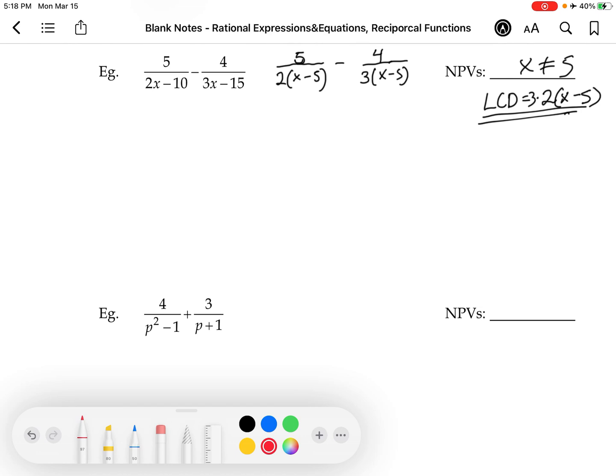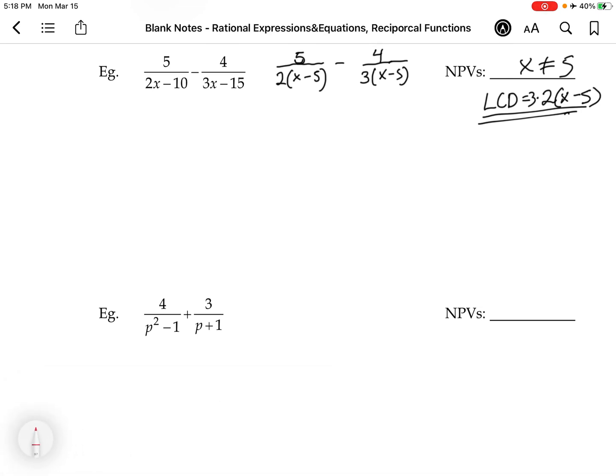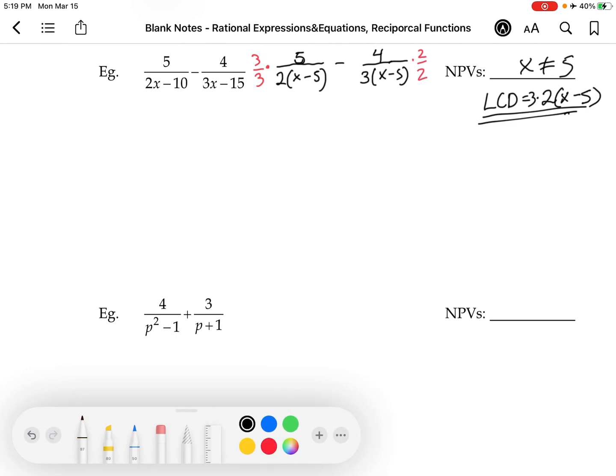Now let's see what's missing. From the first rational expression, it looks like the only factor that's missing is the 3, because I've got 2 times x minus 5. So all that's missing is 3 over 3. And from the second one, all that's missing is the 2. So I can multiply this by 2 over 2.